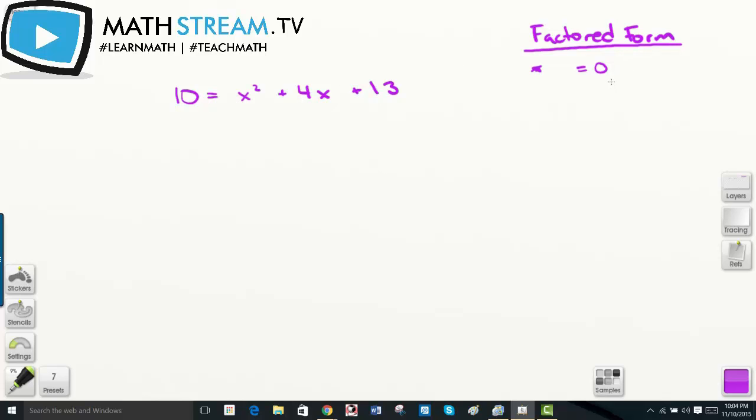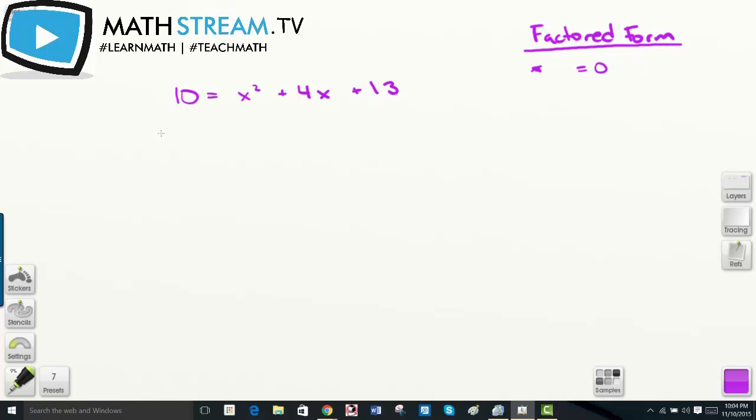Well, remember the whole idea of using factored form is a sneaky way around the problem of having too many variables, because we can use the zero product rule, which says if we have two numbers that are being multiplied and they equal 0, we know that one or the other has to equal 0. We're using that little bit of mathematical truth to sneak our way into this problem and find a solution. But it's not going to work if the equation isn't set equal to 0.